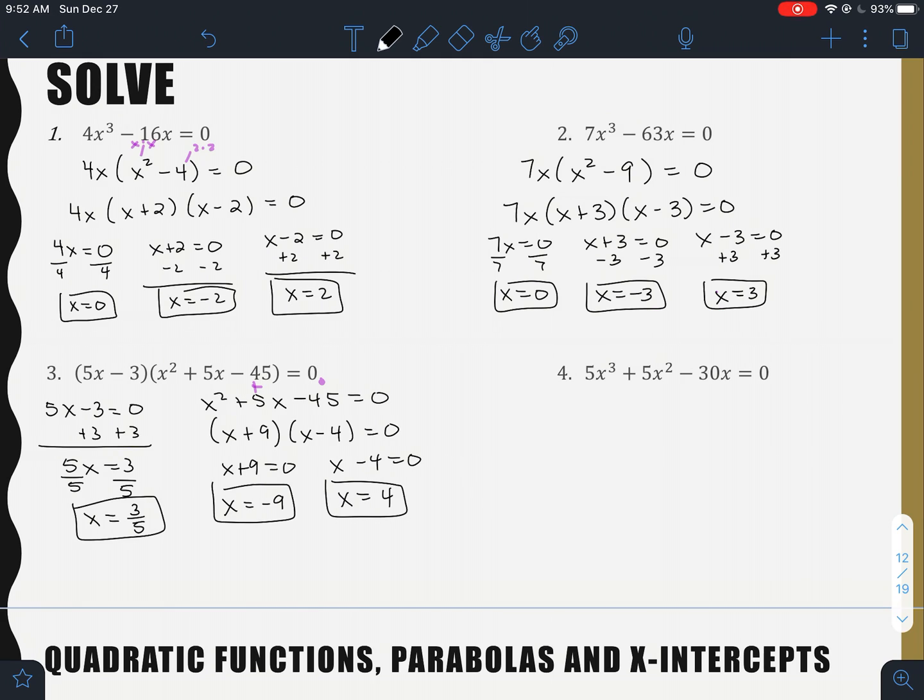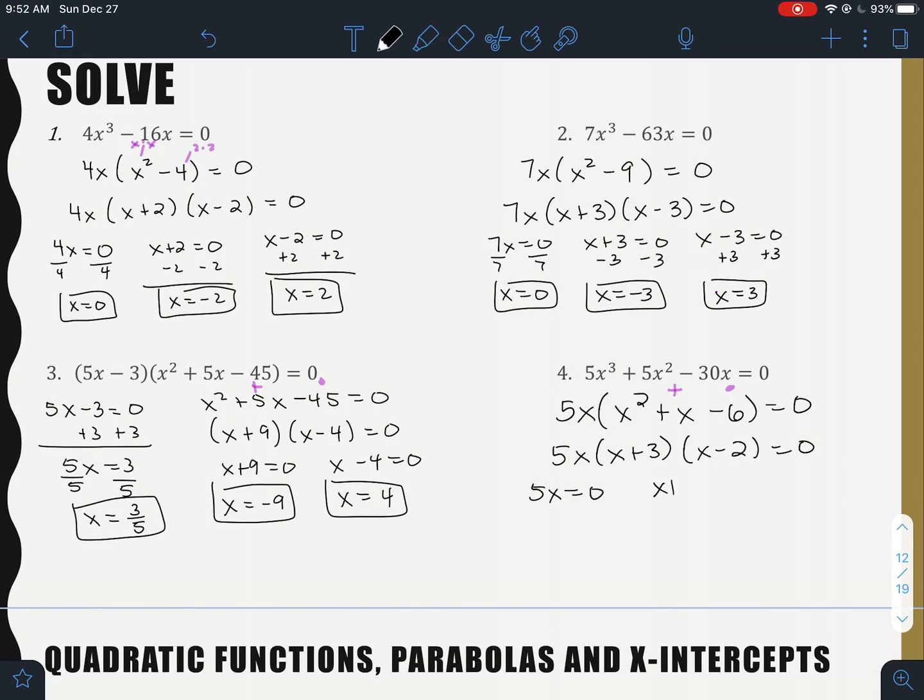On that last one, 5x to the third plus 5x squared minus 30x equals 0. Their common factor is 5x, so let's factor out the 5x, and then we'd be left with x squared plus x minus 6 equals 0. And then can we factor x squared plus x minus 6? Yep. Can you multiply to negative 6 and add to positive 1?